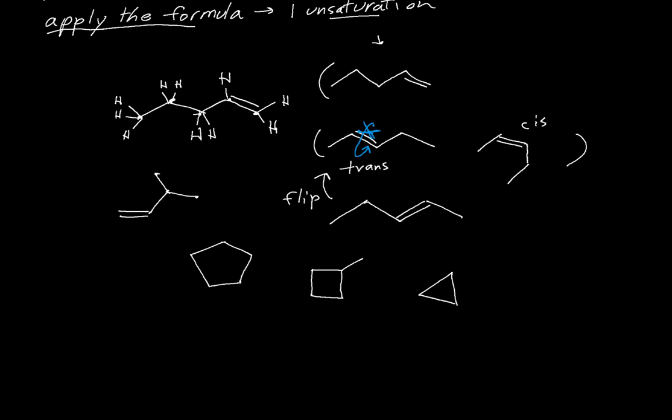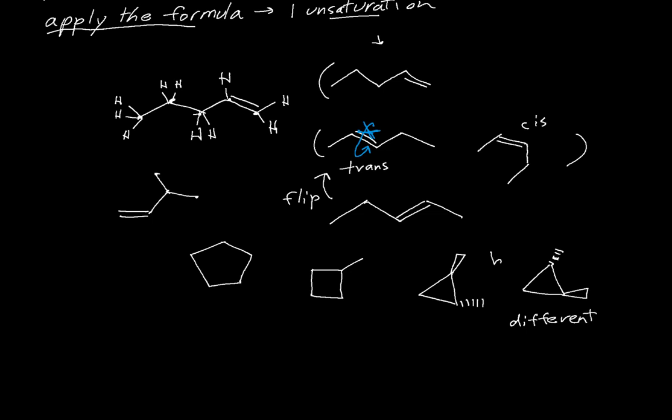You can build models to convince yourself that things are different. I would build them anyway just to get used to seeing how molecules look in 3D. If I draw a 3-membered ring with a methyl pointing up and a methyl pointing down, that's 5 carbons. And just like the example above, I can draw down and up, and these are different, just like the ones above were different that I showed you that were trans.